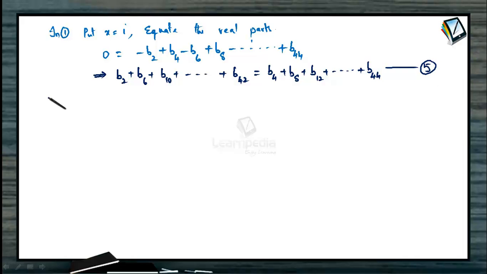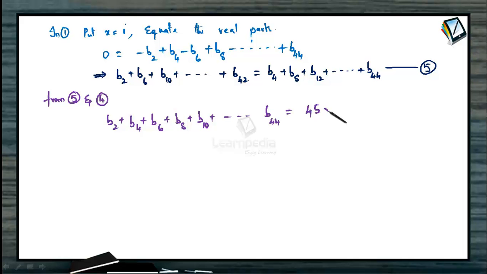Now what happens when we combine the results which we got in 5 and 4? Yes, the total sum of all the even coefficients, that is b2 plus b4 plus b6 plus b8 plus b10 and so on up to b44, is obtained as 45 into 10 cube. But from equation 5, the alternate term sum is equal to the remaining alternate sum.